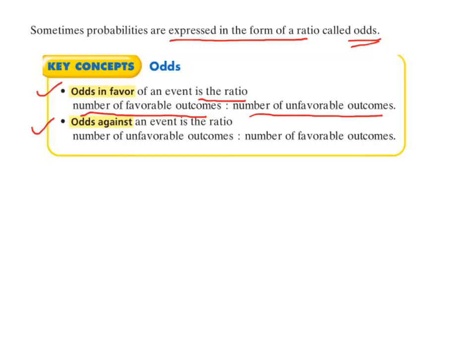So for odds in favor, you're looking for favorable outcomes first as compared to the unfavorable outcomes. Odds against an event is the ratio of the number of unfavorable outcomes to the number of favorable outcomes. So in odds against, you are first looking for the unfavorable outcomes compared to the favorable outcomes.